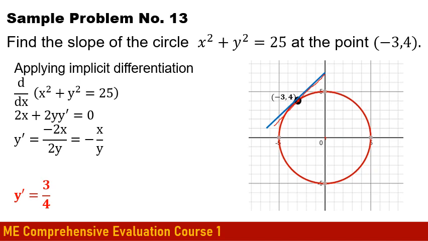Then we substitute the point where we want the slope, which is (-3, 4), so x is negative 3 and y is equal to 4. Substituting and simplifying, we get the slope, or y prime, which is equal to 3/4. So from this example, we can understand that the slope of the curve is equal to the value of the first derivative.